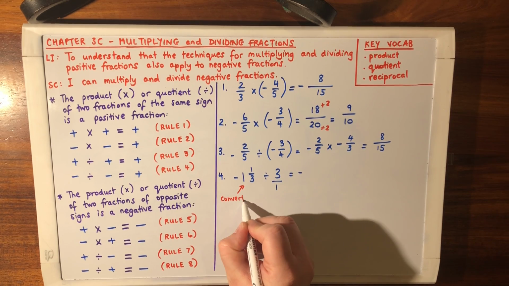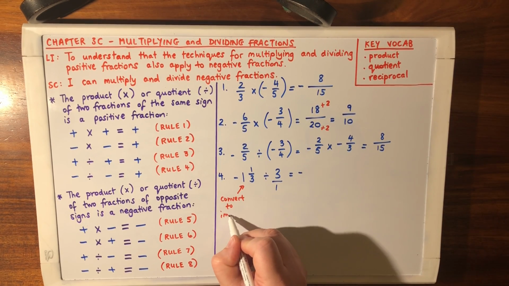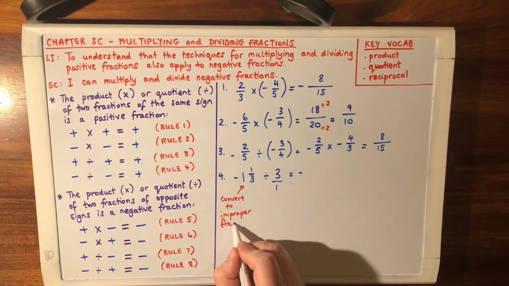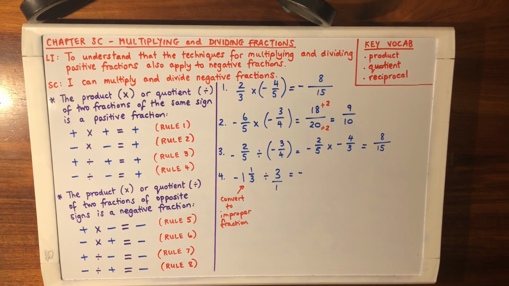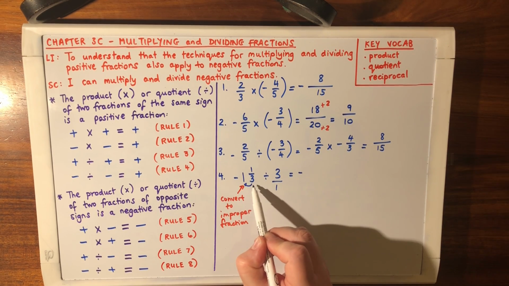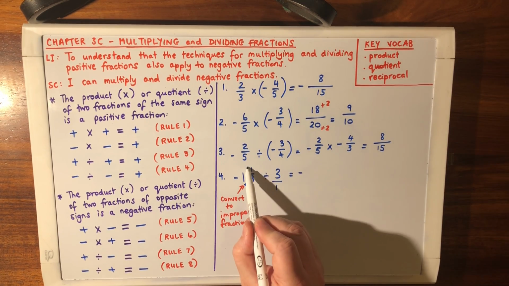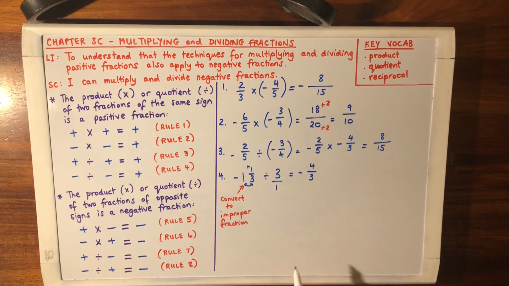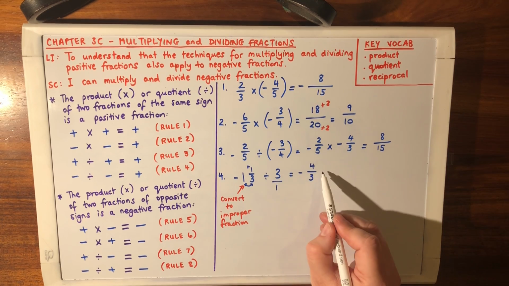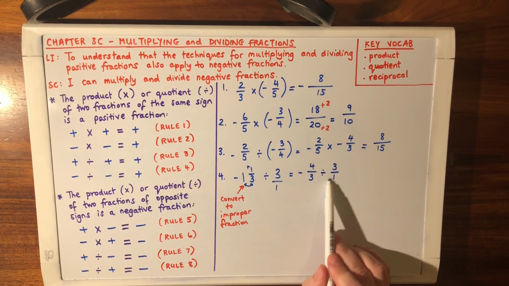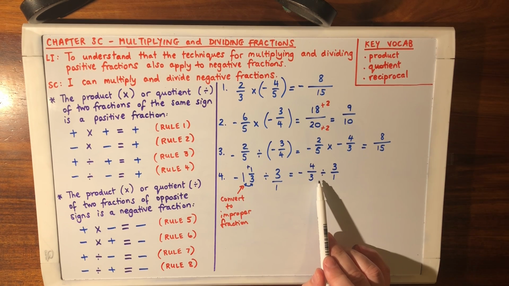So convert to an improper fraction, that's your second step. So let's do 3 multiplied by 1, which is 3, plus the numerator, which is 1, so negative 4/3. The next step there would be to take the reciprocal of 3/1 and change the division sign.